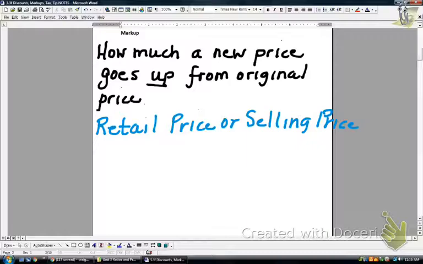You will see it written as a markup, you will see it asked as what's the retail price or what is the selling price. And some common things that are marked up, and this takes place behind the scenes, consumers, people who buy things, don't see this, but cars have a huge markup and furniture has a huge markup.